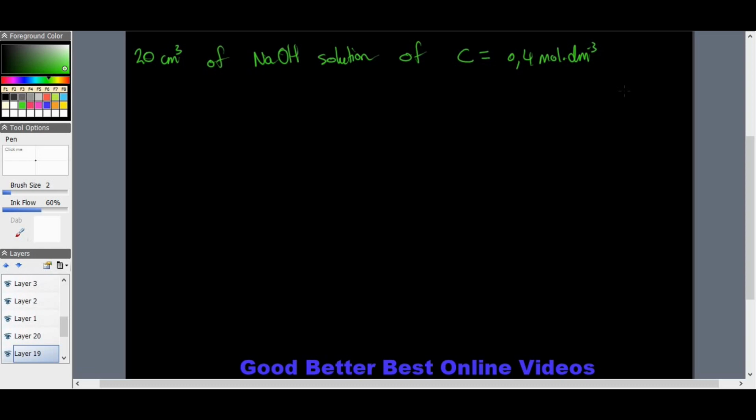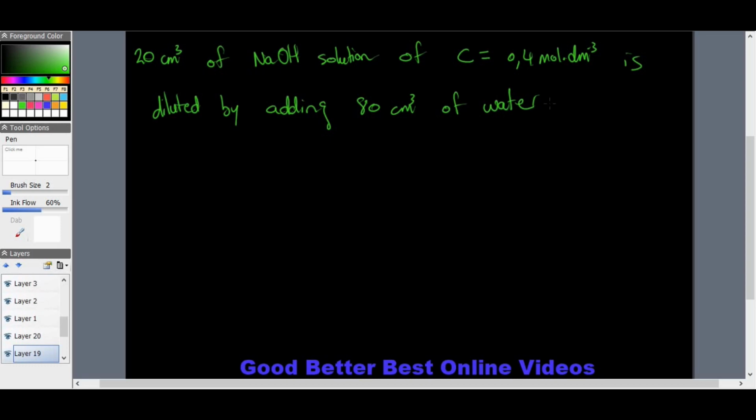And that solution is further diluted by adding 80 milliliters, or 80 centimeters cubed rather, it's the same thing, of water to the original solution.